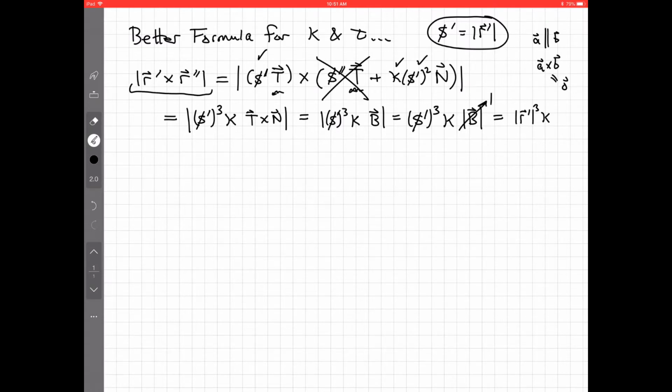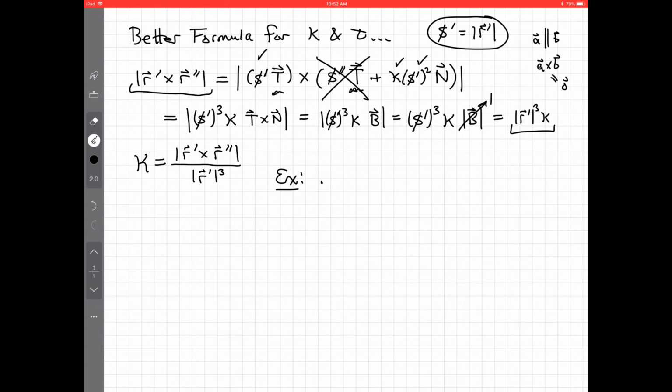The length of the cross product of r prime with r double prime is the length of r prime cubed times kappa, and so we get this rather handy formula. Let me be a little less sloppy there. The curvature can be computed by computing the cross product of the first two derivatives and dividing by the length of r prime cubed. Let me show you a quick example.